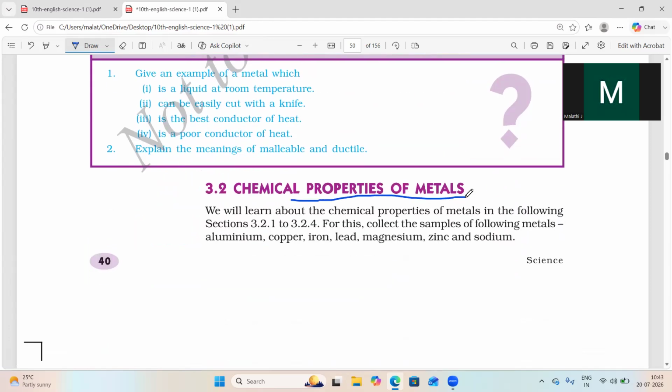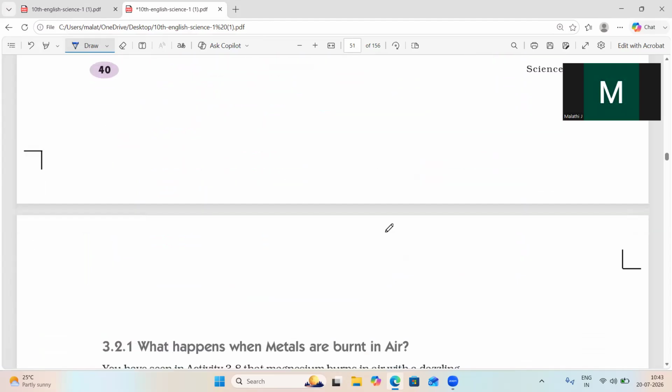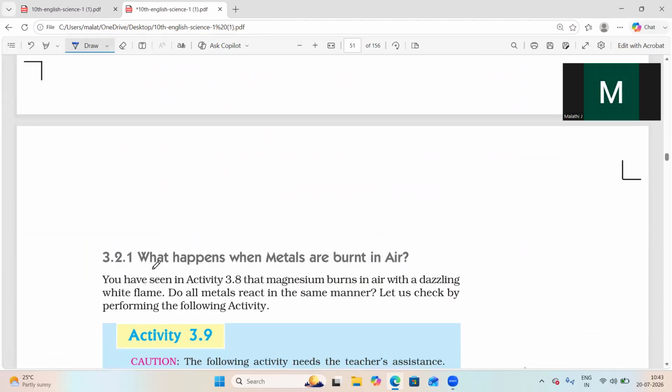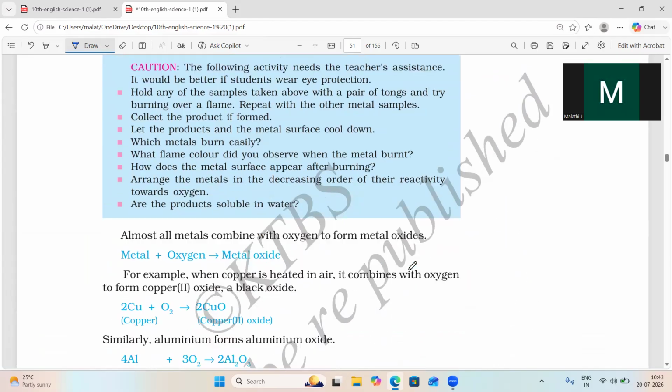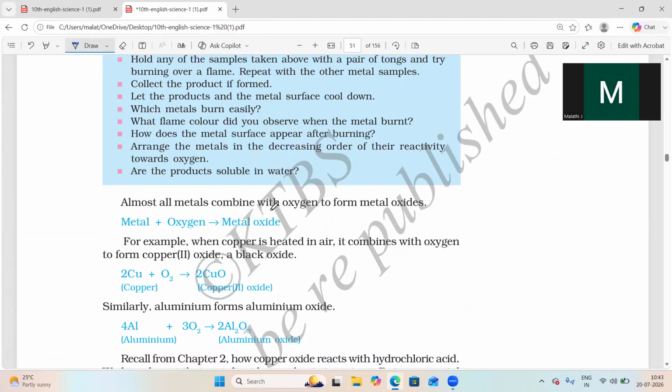If you come to the chemical properties, one of them is what happens when a metal is burned in air, or when a metal reacts in the presence of air. Here when a metal reacts with oxygen, you get the respective metal oxide.